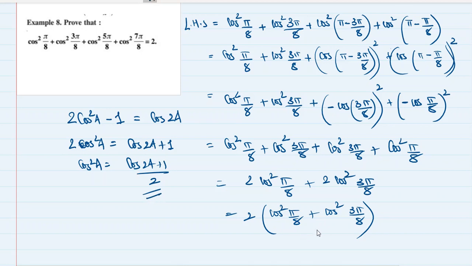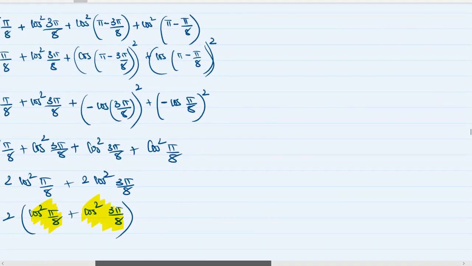Now see, we have got cos square theta over here in the brackets. So we can apply this formula and simplify. For simplification, we need to get rid of the square. So cos square a can be written as cos 2a plus 1 by 2. So I'm going to write it as 2 bracket cos 2a, so cos of pi by 8 times 2, pi by 8 times 2 is pi by 4.